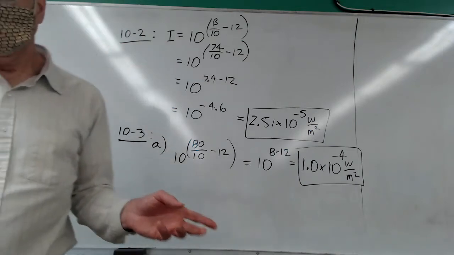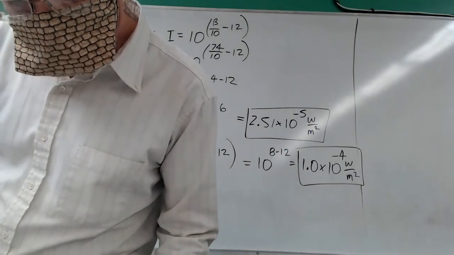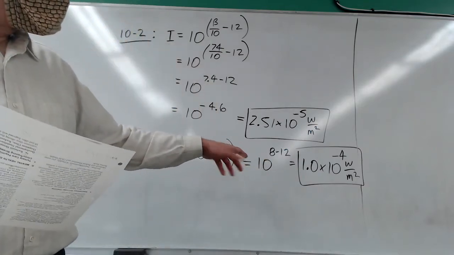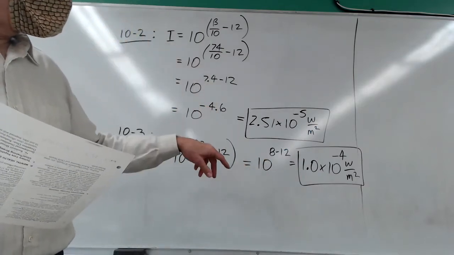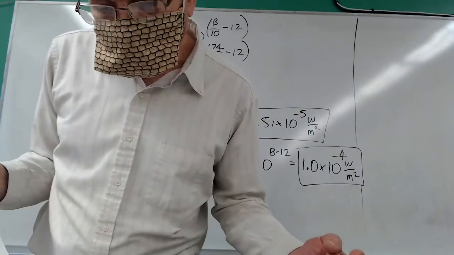The intensity 25 meters from the machine is 10 to the negative fourth watts per square meter, 1 times 10 to the negative 4.